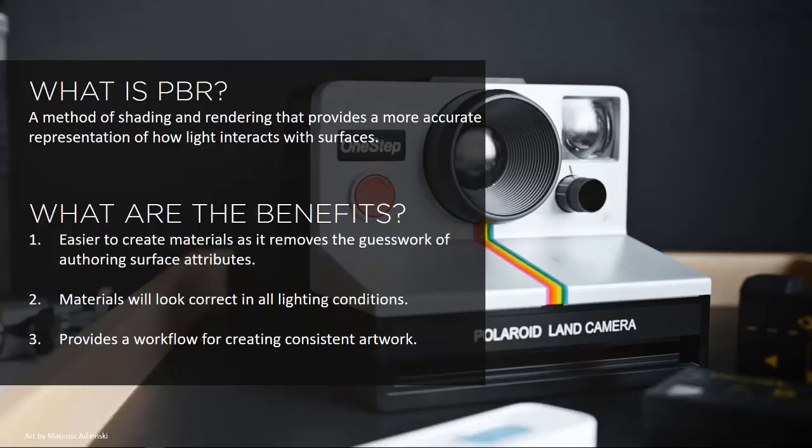Yes, correct. Totally. And so with that, and again, like I was talking about, if we author the maps correctly, then everything's going to work out very well for us in terms of looking correct in all lighting conditions. So that's kind of the next part of this I want to talk about.